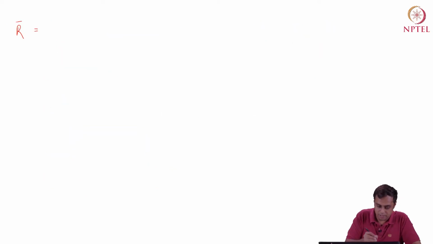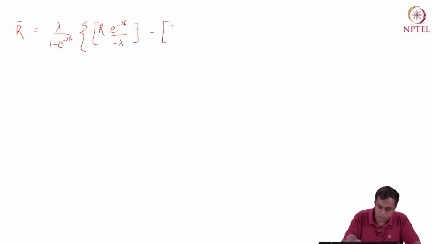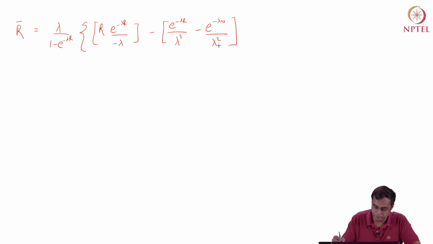So you have lambda over 1 minus e to the power minus lambda capital R times r times e to the power minus lambda r over minus lambda, minus, which is just 0. So that's the first component. Minus the second component, which is going to look like the following: e to the power minus lambda r over lambda squared minus e to the power minus lambda into 0 over lambda squared.